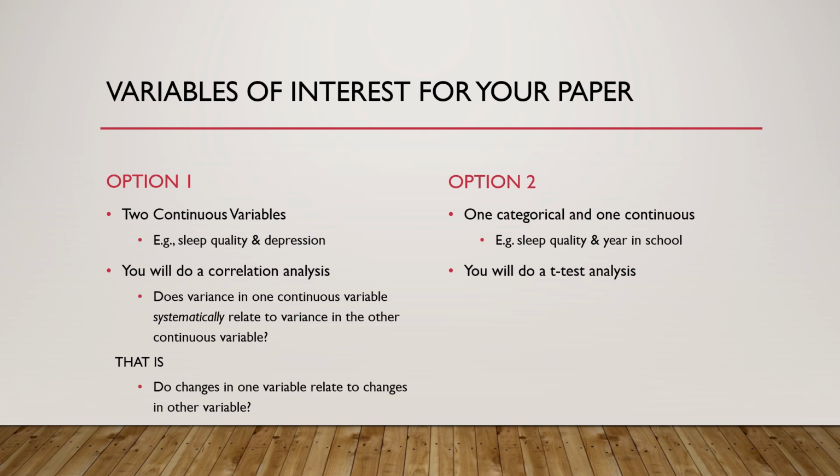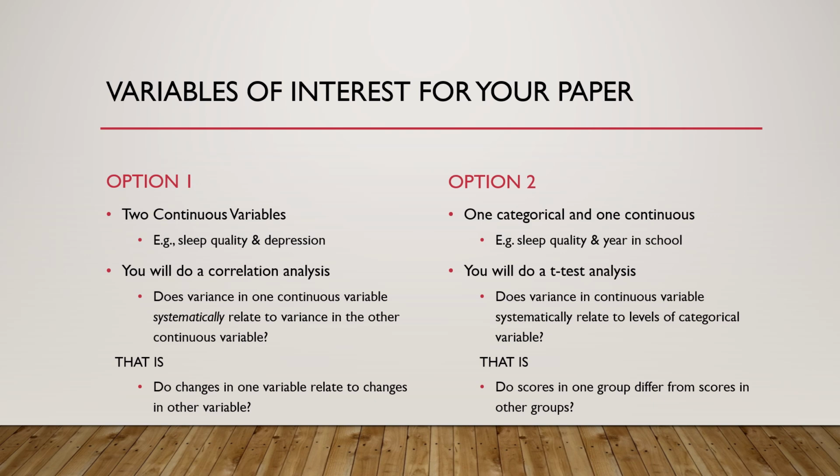All right, so you may have chosen those continuous variables, or you chose option 2, which is having one categorical variable and one continuous variable. For instance, you might have sleep quality and year in school, where sleep quality is the continuous and year in school is the categorical. If you are doing a categorical and continuous option 2, you will then be running a t-test instead.